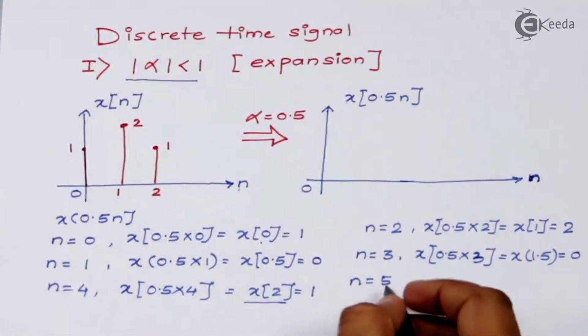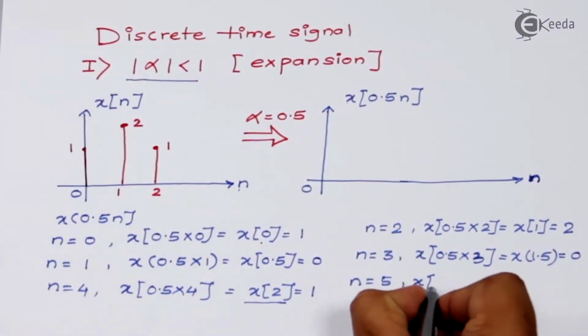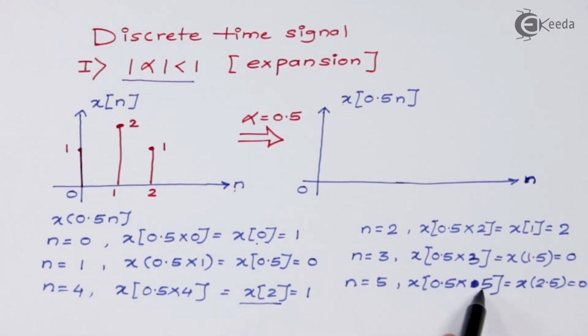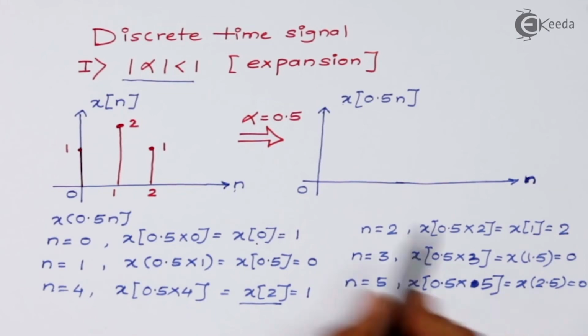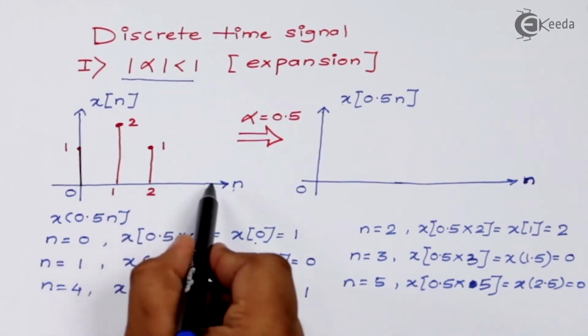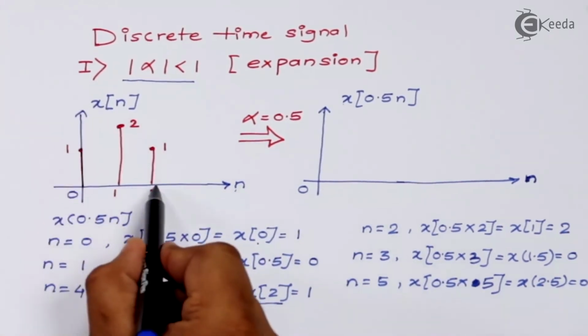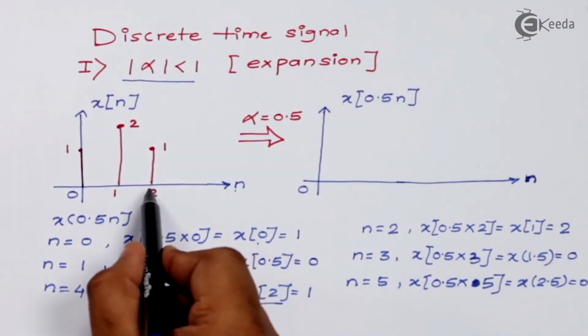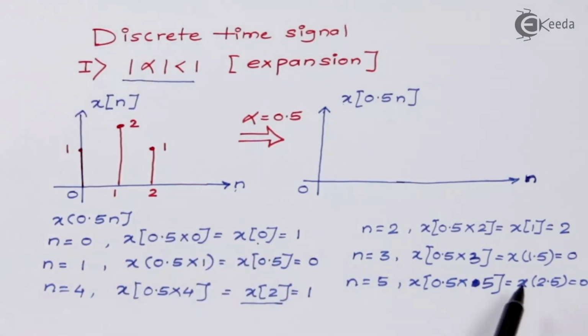If I substitute n equals 5, what will you get? You will get x of 2.5. Just look here, after 2 in x of n, there is no function or graph present, which means at 2.5 the amplitude is 0.